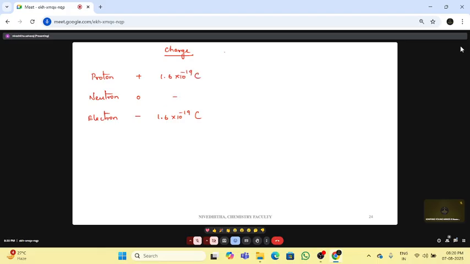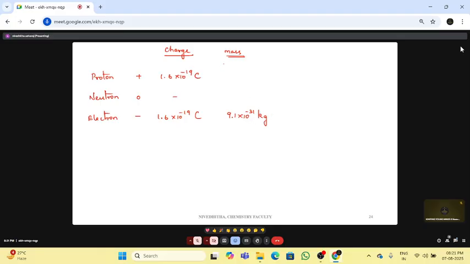And similarly, mass. What is the mass of proton, neutron, and electron? Mass of electron is very famous, right? You'd have used it in many numericals. Mass of electron is 9.1 into 10 power minus 31 kilogram.